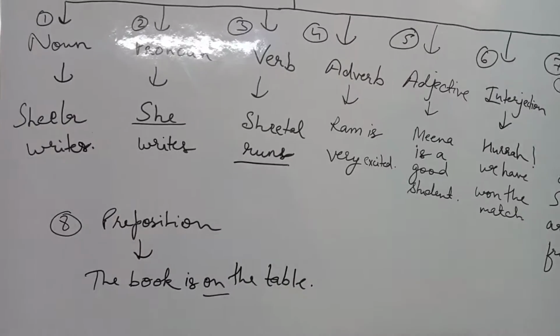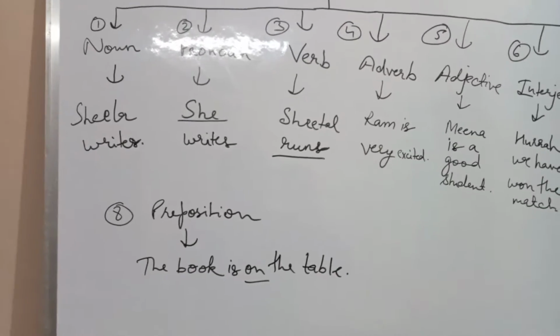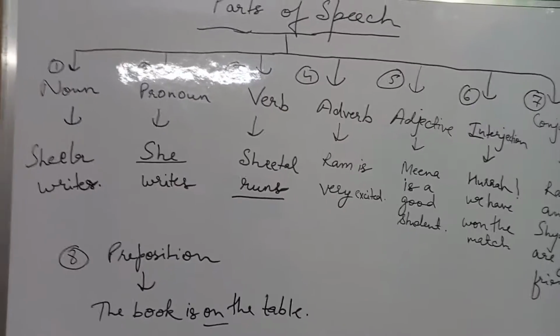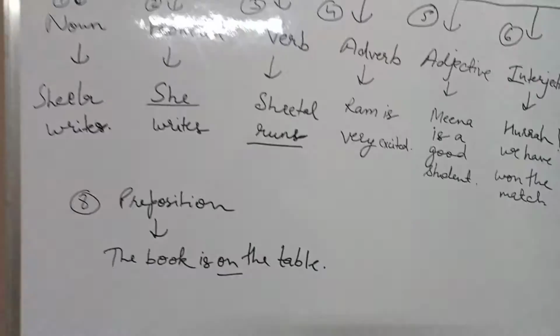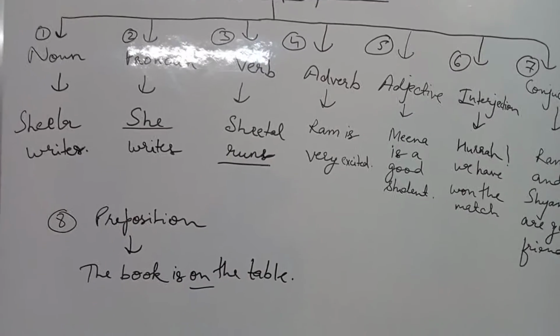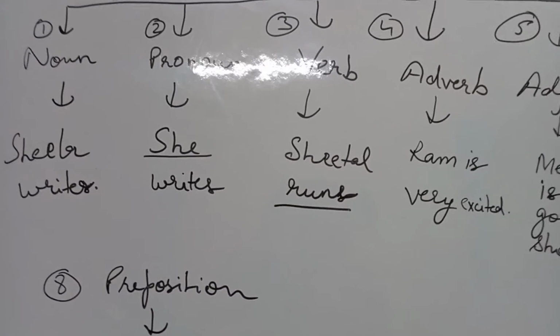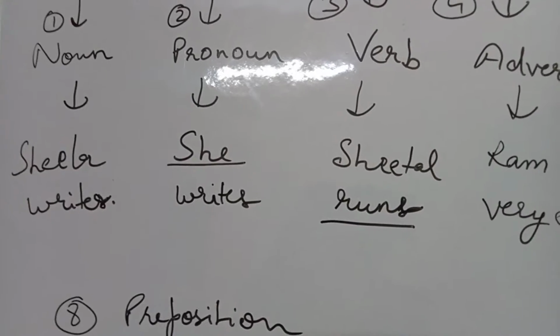When we talk about some name or any place name, or when we refer to a particular name, then instead of using the name, we can use different kinds of pronouns. For example, instead of using a name, Sheila writes, we can use she writes. She writes. So what will be the pronoun here? Here the pronoun will be she.